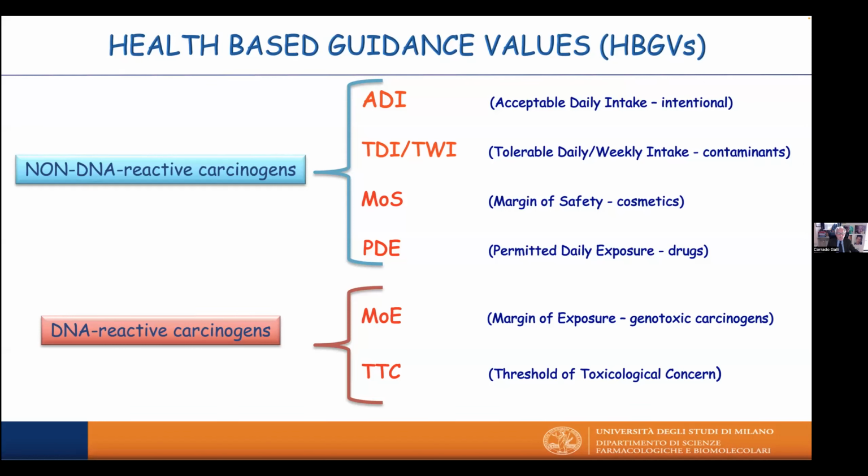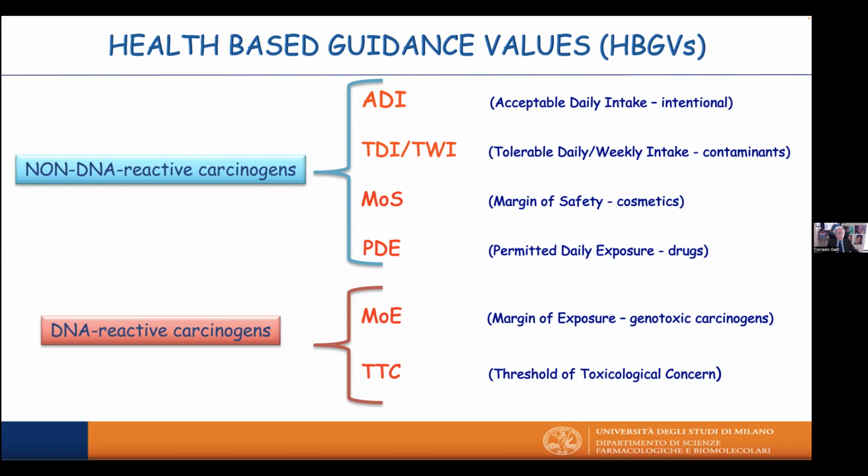So on the top, you will have the most potent genotoxic carcinogens, and then you can use the concept of margin of exposure, because you can define the distance, the margin of exposure, between the lowest benchmark dose concerning the incidence of cancer in the experimental animals and the exposure.